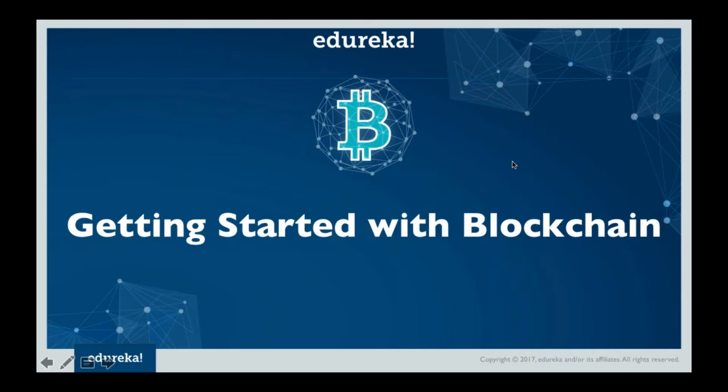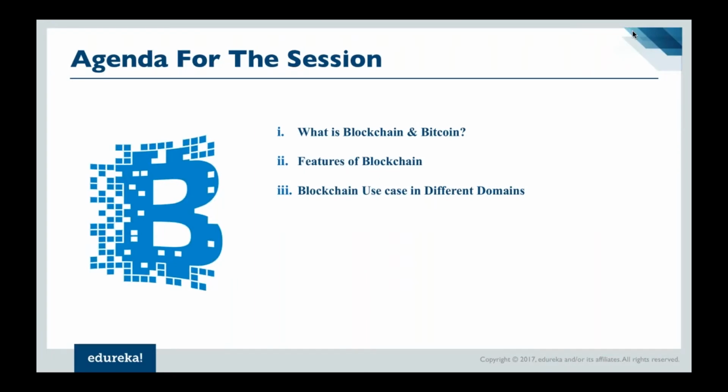Okay, so let's start. Today we are going to talk about what is blockchain, and whenever we are talking about blockchain, not a single discussion of blockchain does not start with Bitcoin, right? All the discussion goes around Bitcoin, the cryptocurrency, and then we understand the technology underpinning Bitcoin.